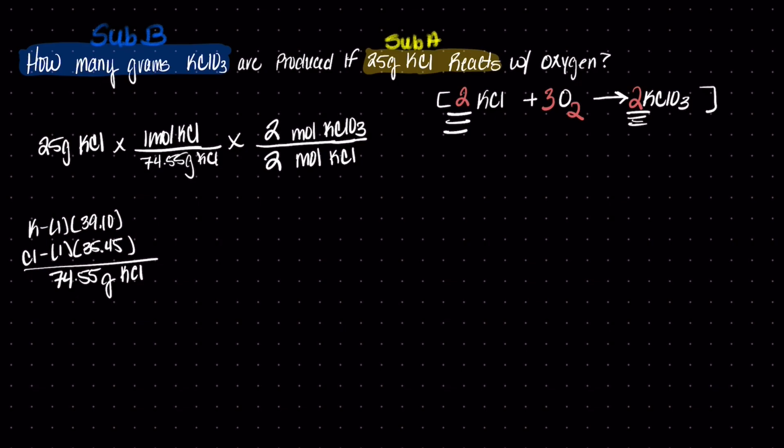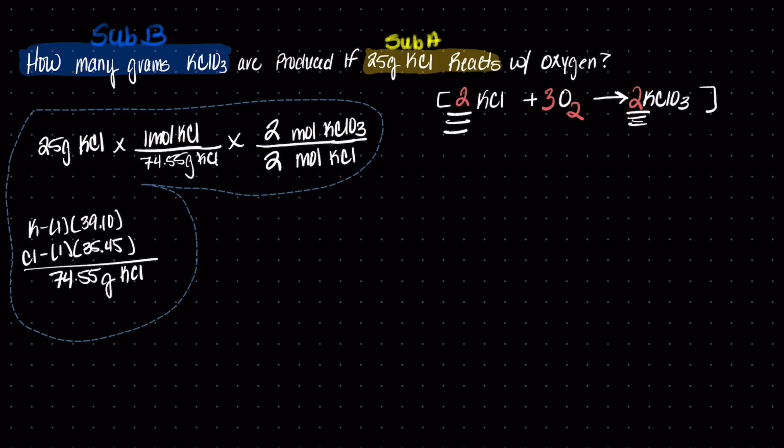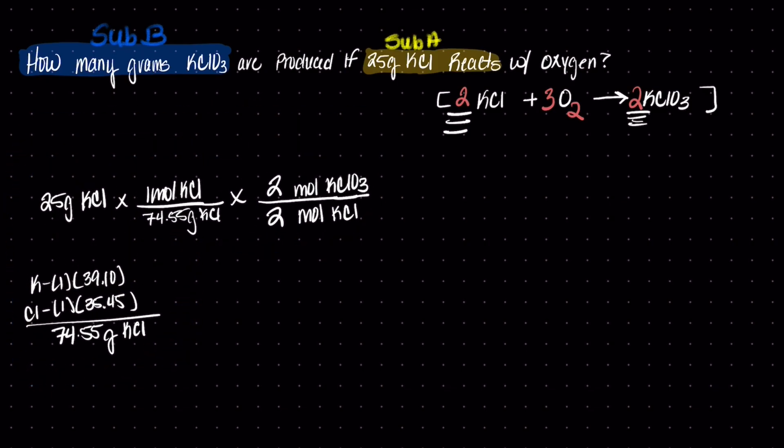Now I'm sitting in moles of substance B. I need to move this down a little bit before I start running into some problems. Now I'm in moles of KClO3. I'm asked for grams of KClO3. So I use my molar mass skills to develop a molar mass.